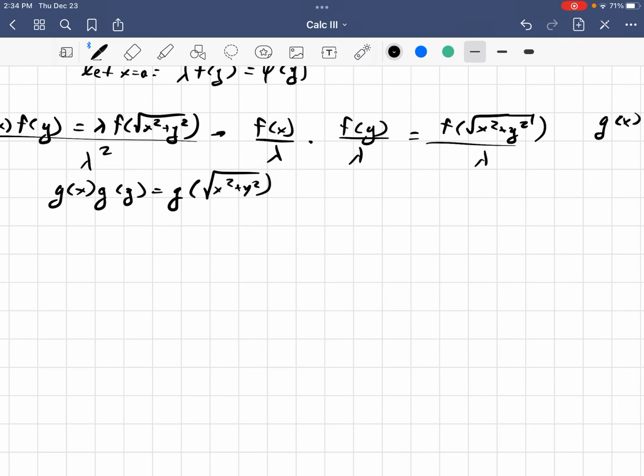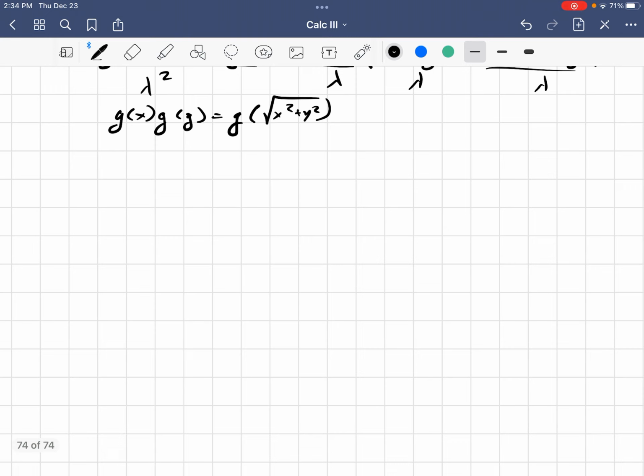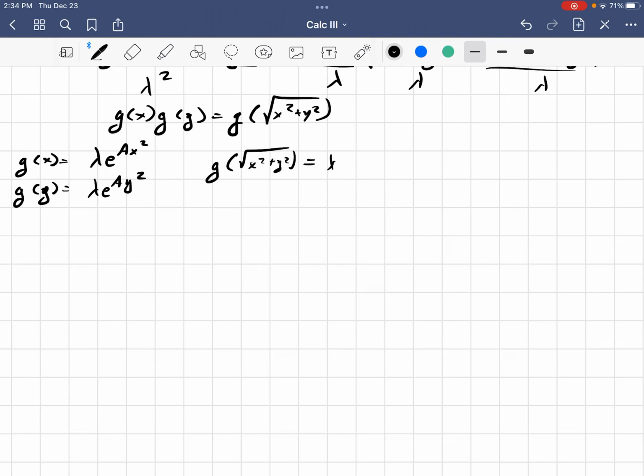And what type of functions would do that? Well, as it turns out, it's functions of the form g of x is equal to lambda e to the ax squared, right? g of y would be lambda e to the ay squared, and g of the square root of x squared plus y squared would be lambda e to the a times the square root of x squared plus y squared.